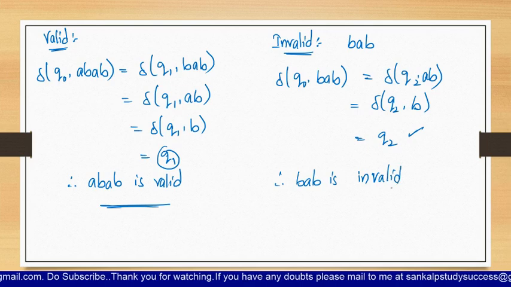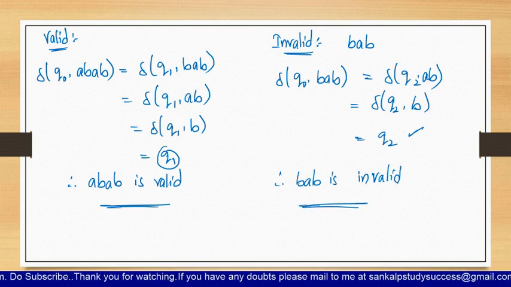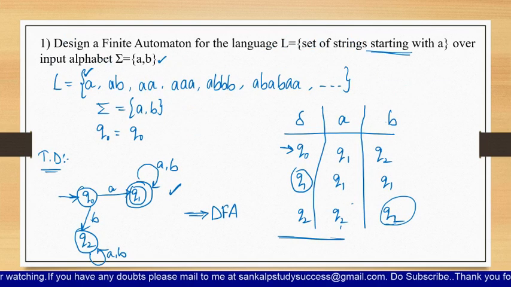So in this way we are going to draw deterministic finite automata. Some may draw using only 2 states, some may use 3 or 4 states. It depends on the individual how they draw, but the main thing is that valid strings should be accepted and invalid strings must not be accepted by the deterministic finite automata.